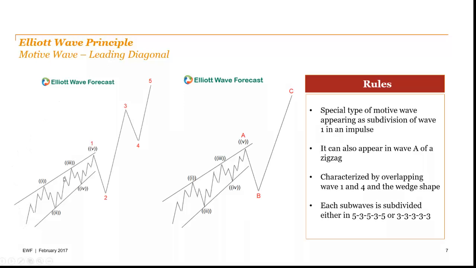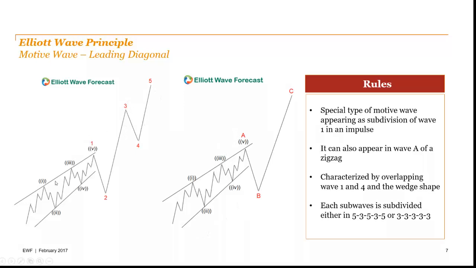So in this one you've got 1, 2, 3, 4, and then 5 waves, right? 1, 2, 3, 4, 5, and then you can see the subdivision of wave 1. If you recall, in an impulse, waves 1, 3, and 5 need to subdivide into another 5 waves. So this wave 1 here subdivides into 5 waves.